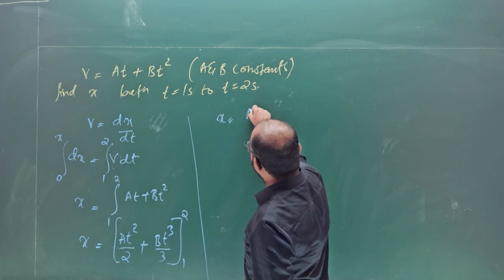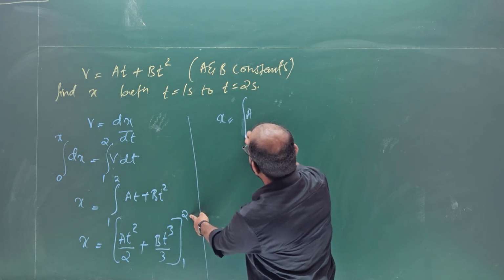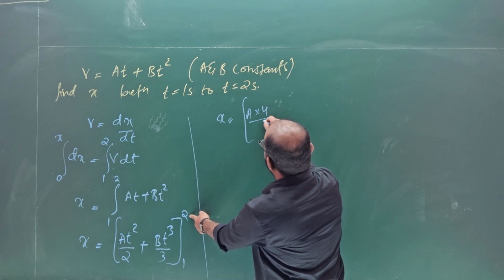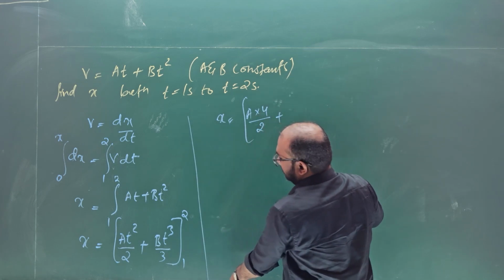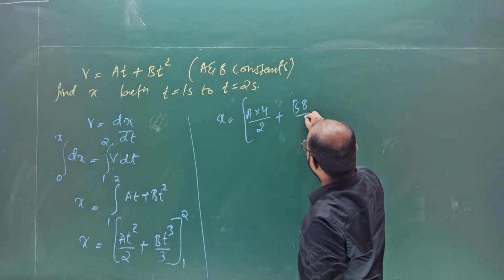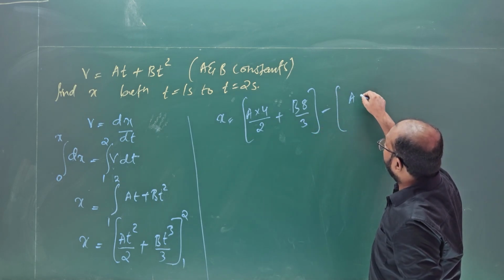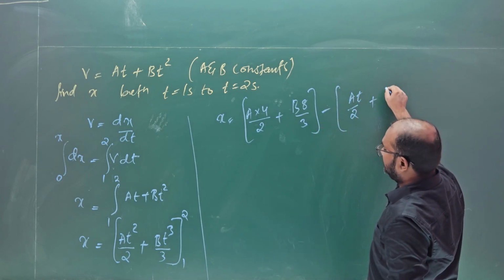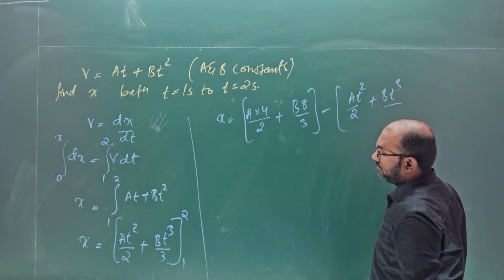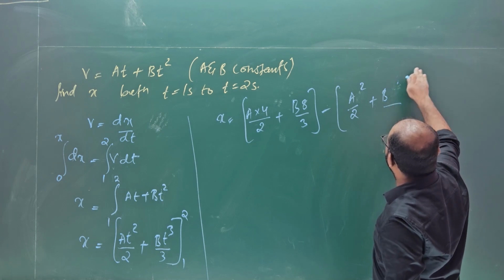X is equal to A, applying t as 1, 2: 2 square is 4, divided by 2, plus b times t cube is 8 upon 3, minus the lower limit, a by 2 plus b by 3, and t is 1 now. So everything becomes 1.